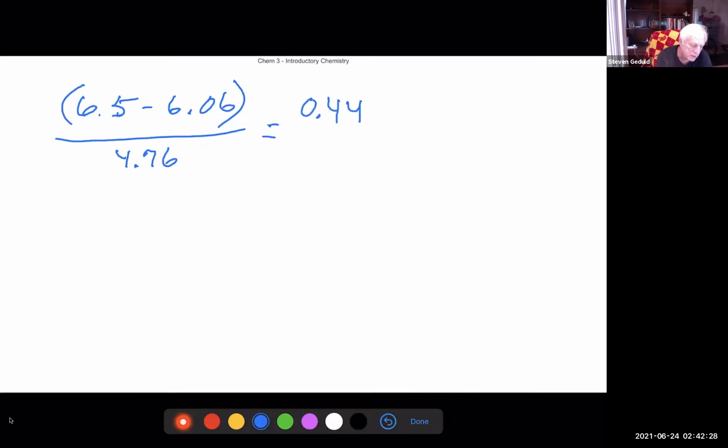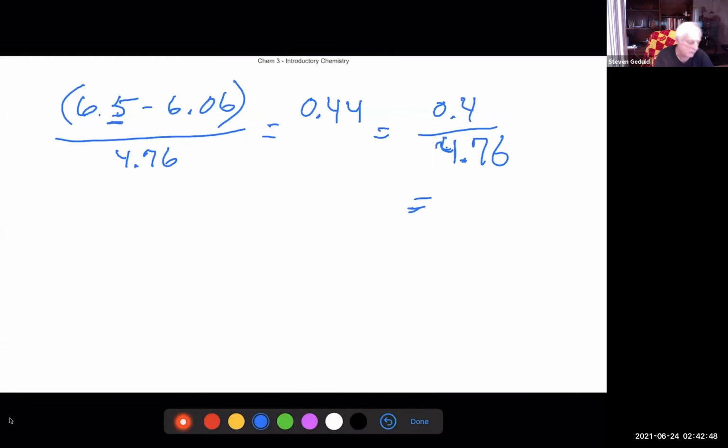0.44, and you're only good to one place past the decimal. So this becomes 0.4. Okay, you're only good to that one place past the decimal, least accurate number, divided by 4.76.